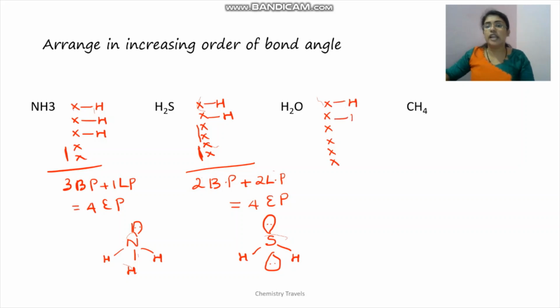Each hydrogen would share 1 electron, and the remaining 4 would pair up as 2 and 2, forming two lone pairs. So I would have 2 bond pairs plus 2 lone pairs, which means 4 electron pairs. This structure is very similar to H2S. Its geometry is tetrahedral and its shape is bent. I'll have oxygen at the center, hydrogen and hydrogen, with a lone pair here and a lone pair here.